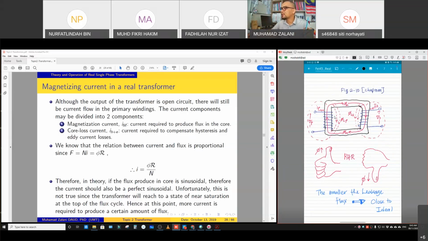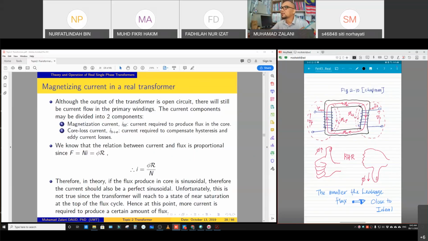As you can see, some of the flux will leak inside and outside of the transformer core. Basically we name it the leakage flux at the primary, phi LP, and for the secondary part, we name it phi LS, which is the secondary leakage flux at the secondary turns, right?